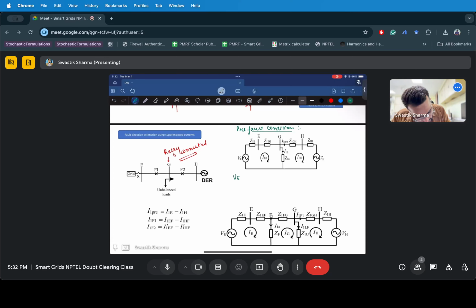So V, what will it be? It will be IE0 Z1E minus... let's club them because they are the same. Let's call it, oh, it's Z1U, sorry. So for this IE0 mesh current, this equation comes. Similarly, you do for IH0.